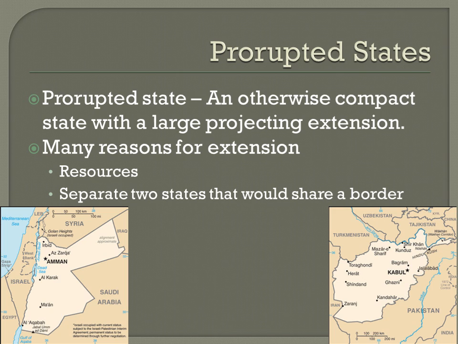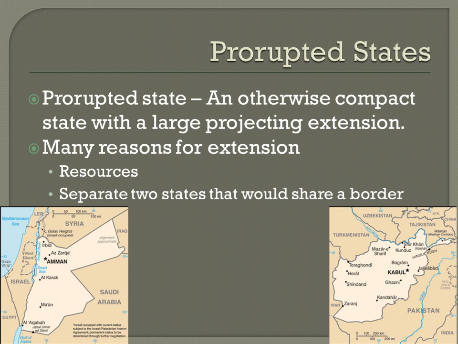Think of a volcano eruption, right? You've got this volcano and it's shooting out from the volcano. That's basically what a prorupt state is. It's compact, but then it's shooting out. There's one large projecting extension that is erupting from the compact state. It's a proruption. So that's what prorupt means.